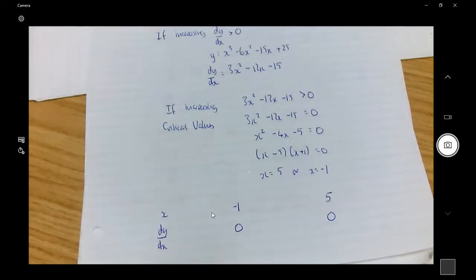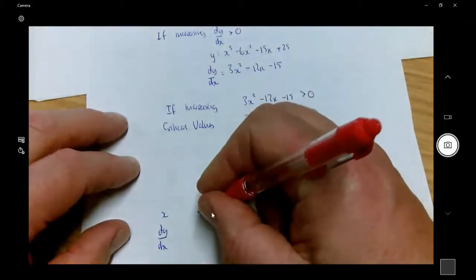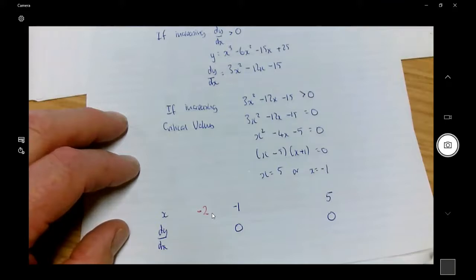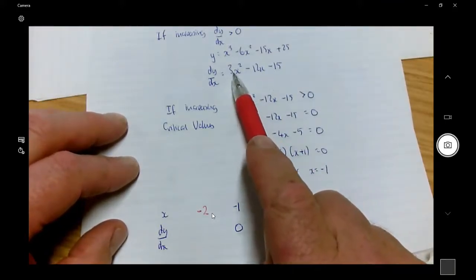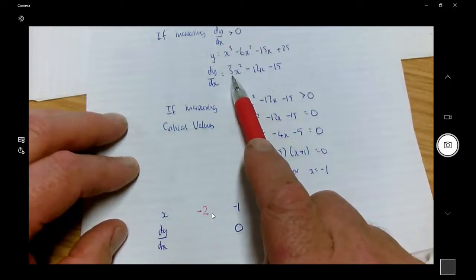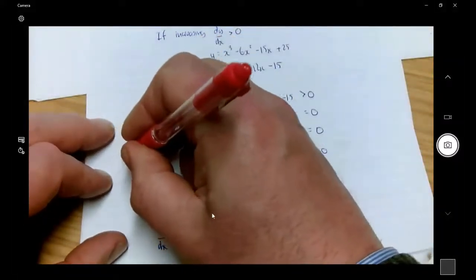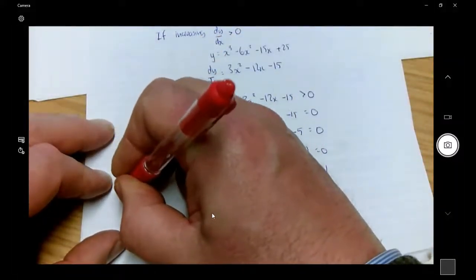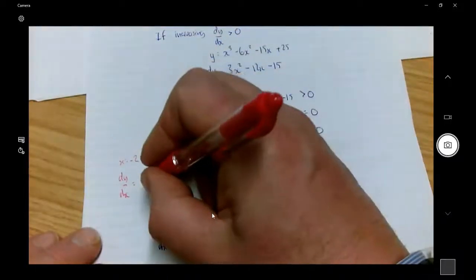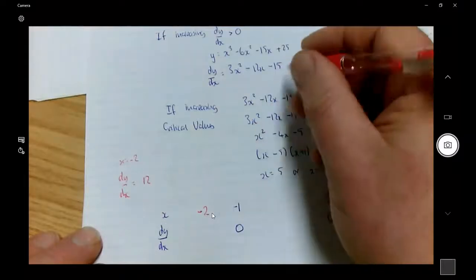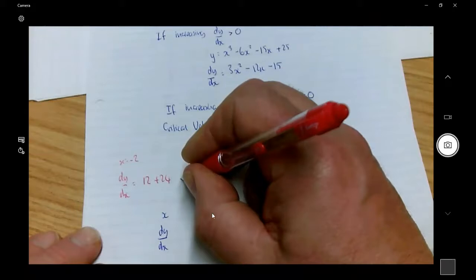So if x equals minus 2, dy by dx is up here. I substitute minus 2 into that. x equals minus 2, dy by dx is minus 2 squared is 4, 3 4s are 12, plus 24, plus 25.